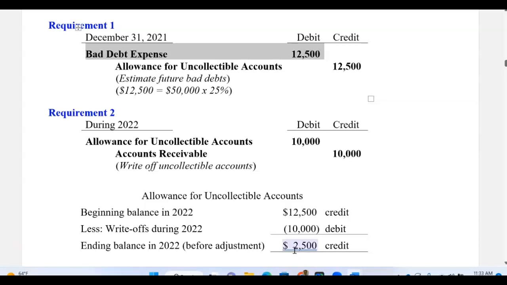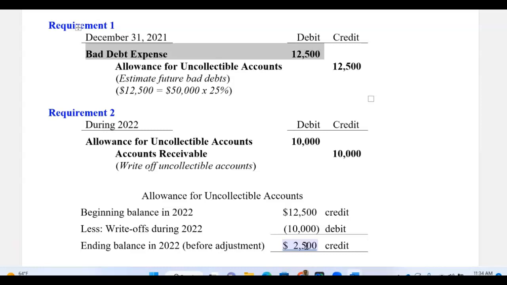So if you need 12,500, all you need to do here is debit 10,000. Why? You debit 10,000 because you have already 2,500 in the credit side sitting and doing nothing. So you have to consider that and just add another 10,000 to the allowance to make it 12,500 again.